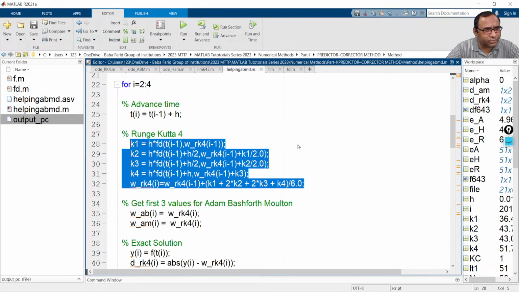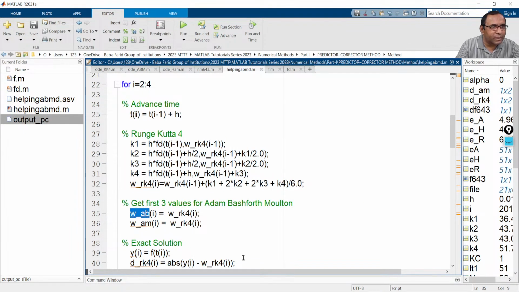Now we want to discuss here Adams-Bashforth-Moulton. So the first four values we can get by using this Runge-Kutta method, and after that we can easily use Adams-Bashforth-Moulton. So here you can see W underscore AB, Adams-Bashforth, we have Runge-Kutta fourth order.